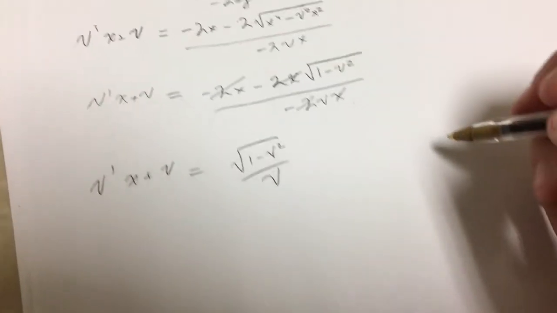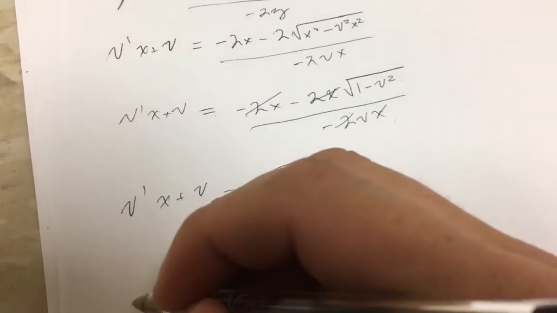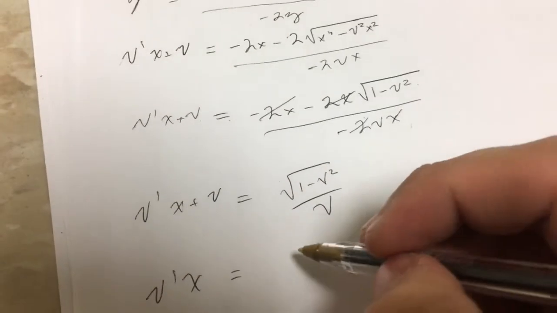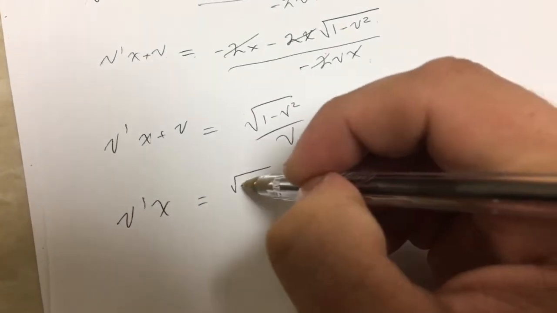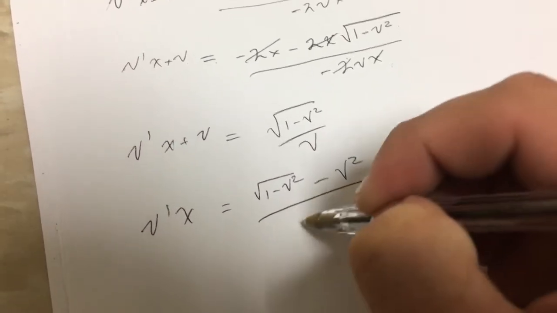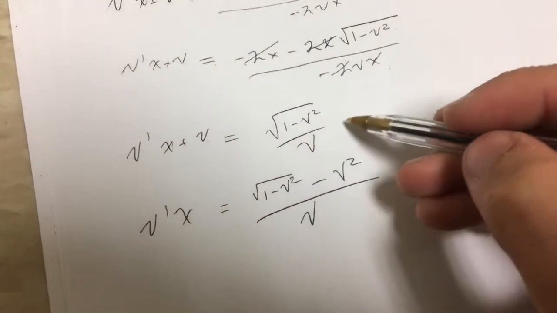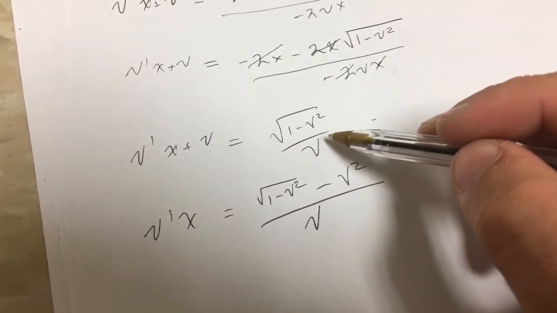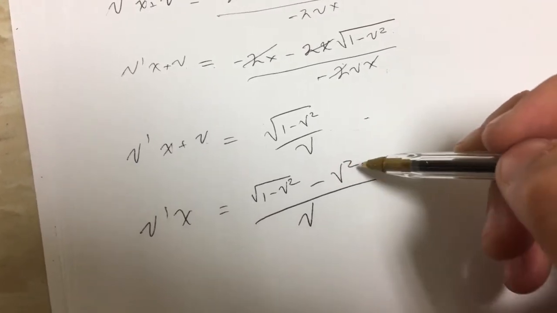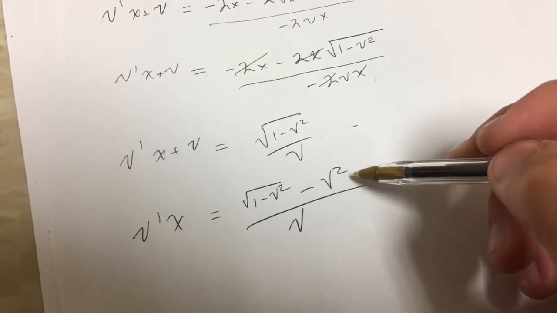From here, we get v prime x equals square root of 1 minus v squared over v, because when you subtract v from this side and move it to the other side and multiply by the denominator to make it part of the original fraction, you end up with negative v squared.